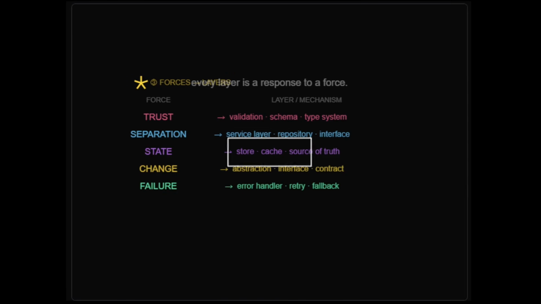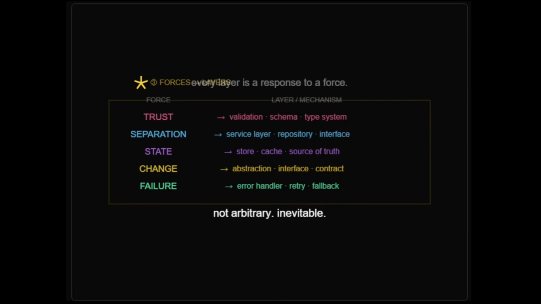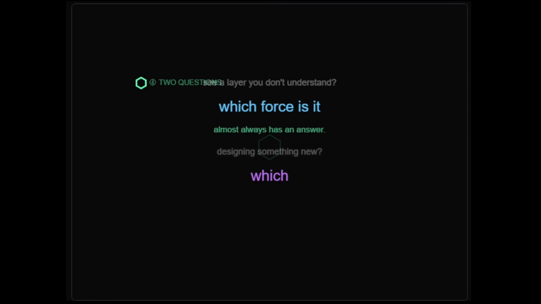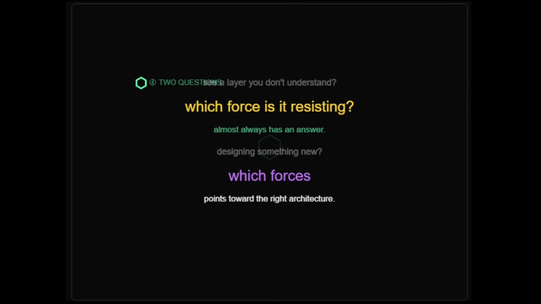These five forces are always present. They don't disappear because you use a framework. They don't disappear because you follow a tutorial. They are the underlying physics of software systems, the forces that architectural decisions are responses to. When you see a layer in a system and you don't understand why it exists, ask, which force is it resisting?